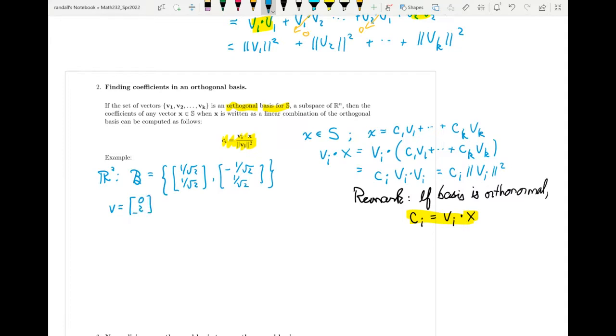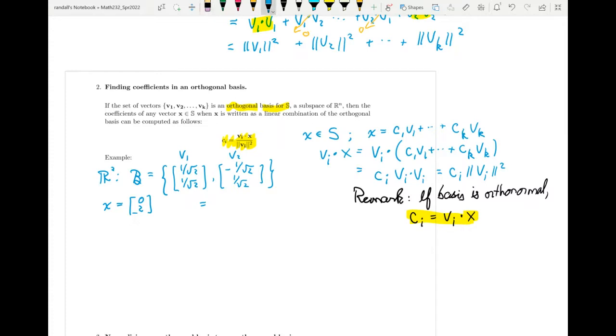Okay, so we have v can be expanded in this basis. So let's call the two basis vectors v1 and v2. So this vector v, or actually let me call it x like I did above there. So x equals that.